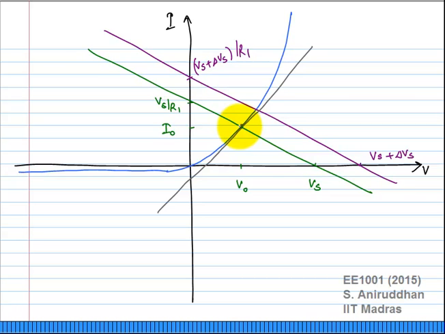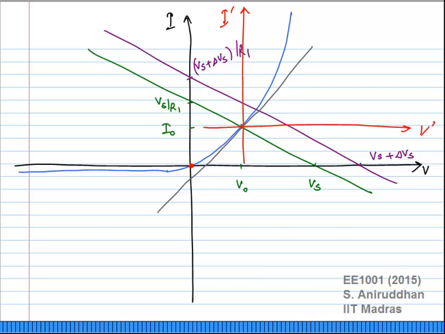Now how do I analyze what will happen? One way to do this, initially this was the origin. Now I'm going to move the origin to V0 comma I0, and you'll see why I'm doing this.